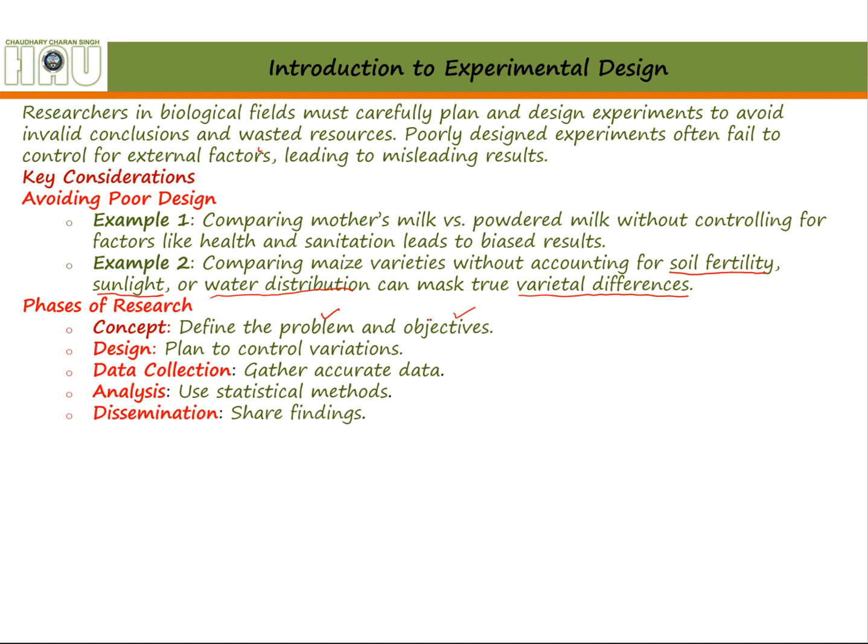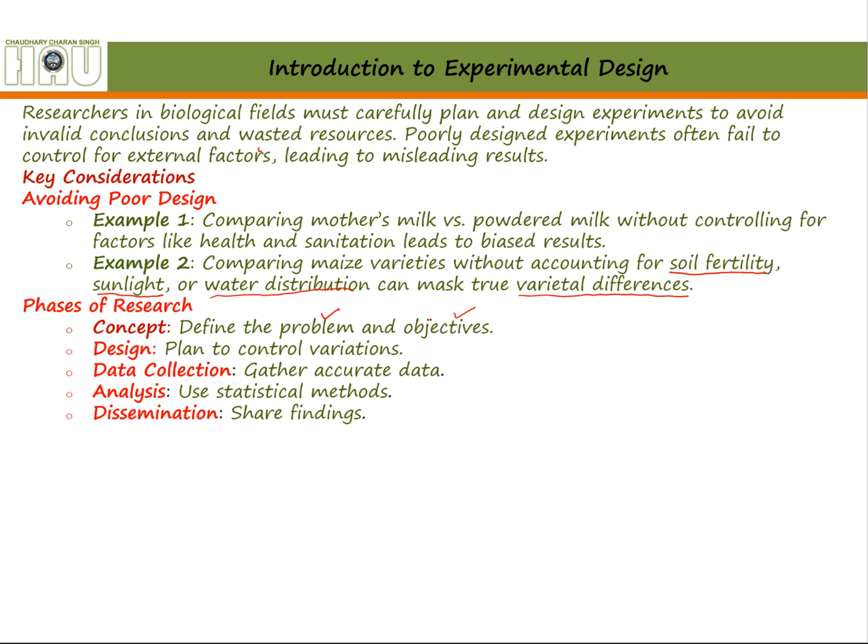Dissemination is very important. Whatever analysis results you get, you interpret them properly and document them in a precise and meaningful manner so that you can convey your findings to the world. So these are the few phases of the research.